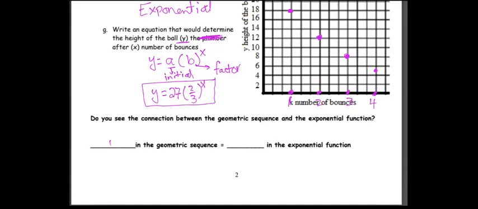So the common ratio in the geometric sequence is equal to the exponential factor in the exponential equation. They're both the same.